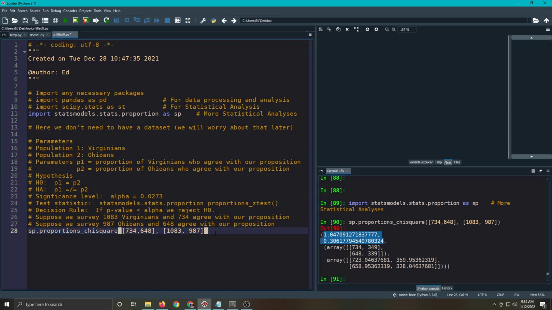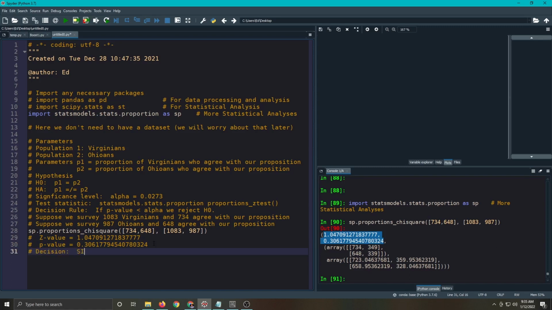This would be our z value, and this is our p-value. Notice this one doesn't have some ridiculously small number like the last one did, even though it has lots of digits on it.